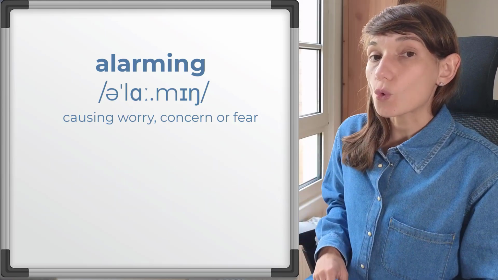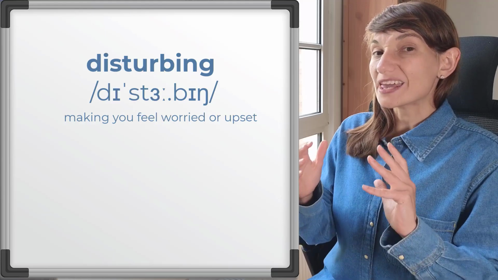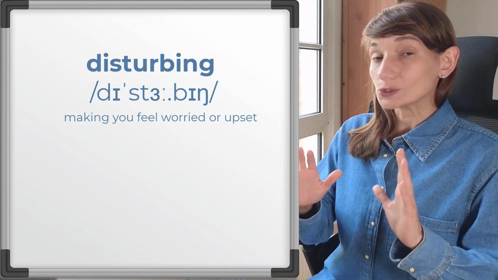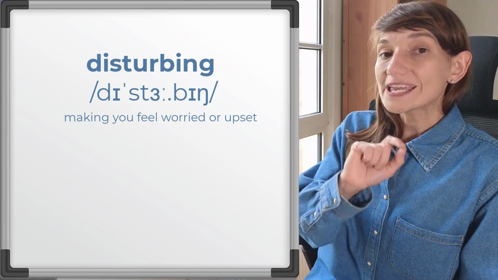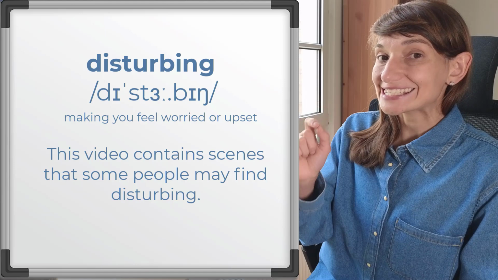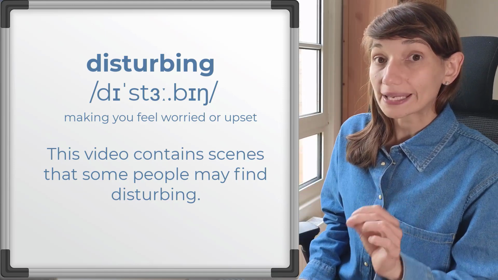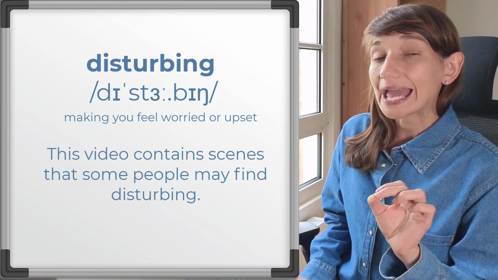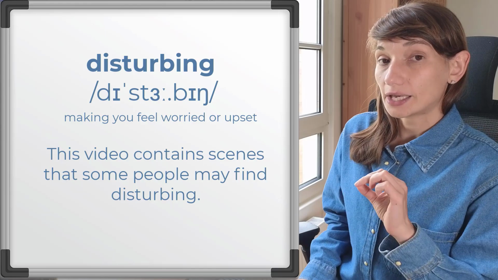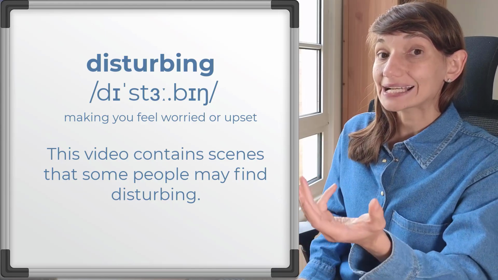A synonym for alarming is disturbing, and it's a very frequently used adjective. You may have heard, for example, this video contains scenes that some people may find disturbing. Disturbing refers to something that can upset another person or can cause worry and concern.